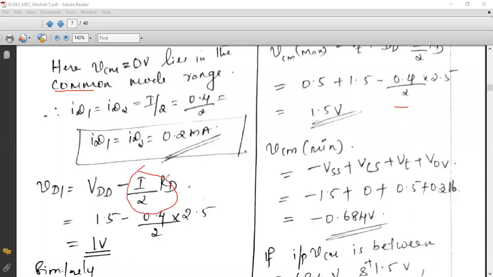If you are doing I into RD, it is a mistake. Why? Because we are considering a differential amplifier with identical transistors, therefore the current for the individual transistor is I by 2. So subtract the drop across RD from VDD and let me know what is VD1 and VD2.